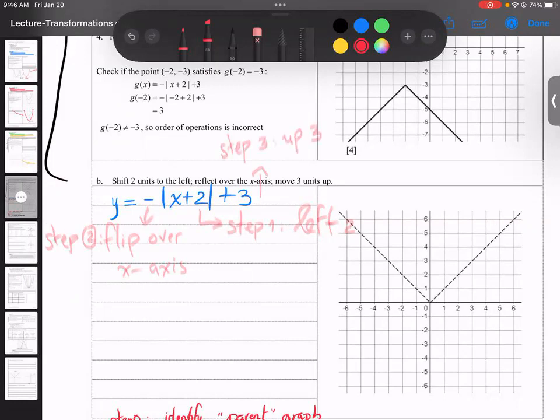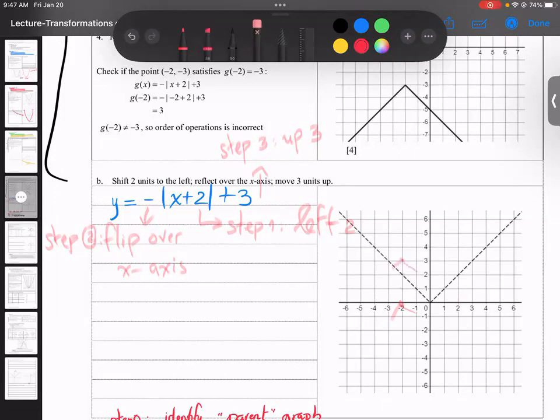Vertical shift up 3. So let's do that. Move to the left 2. Left 2. And then you flip, so it looks like that. I'm not going to draw it. And then you pull the vertex up 3 units. 1, 2, 3, right there.